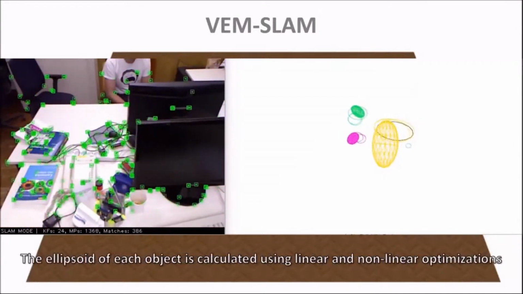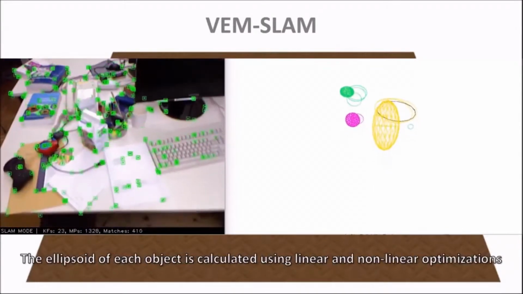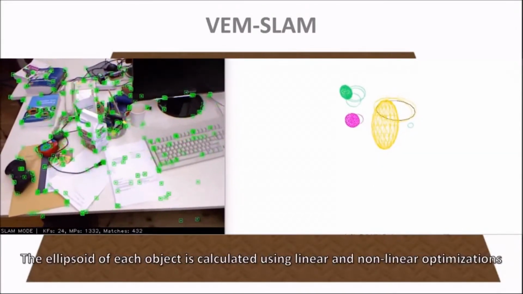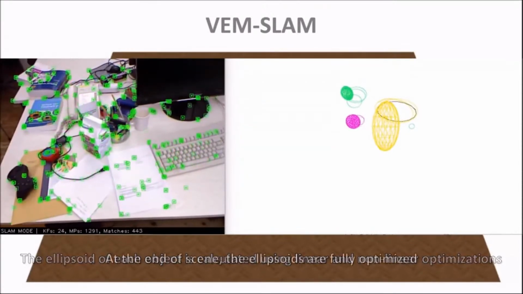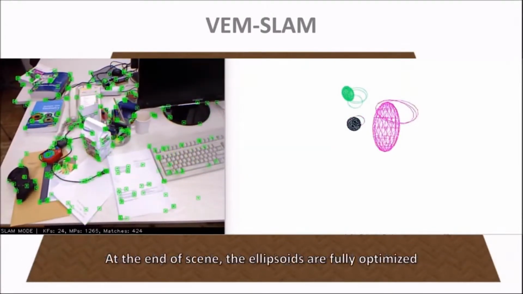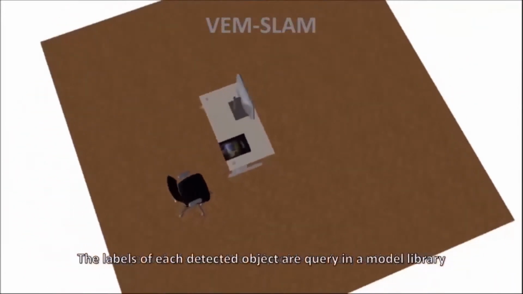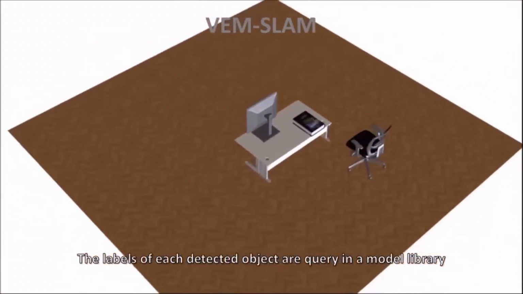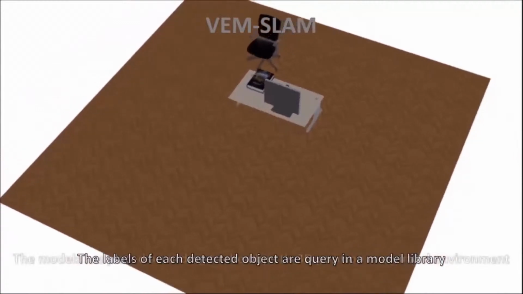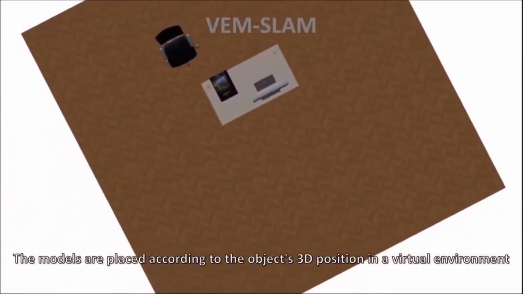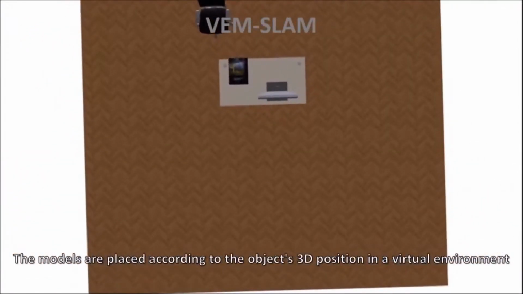The ellipsoid of each object is calculated using linear and nonlinear optimizations. At the end of the scene, the ellipsoids are fully optimized. The labels of each detected object are queried in a model library. The models are placed according to the object's 3D position in a virtual environment.